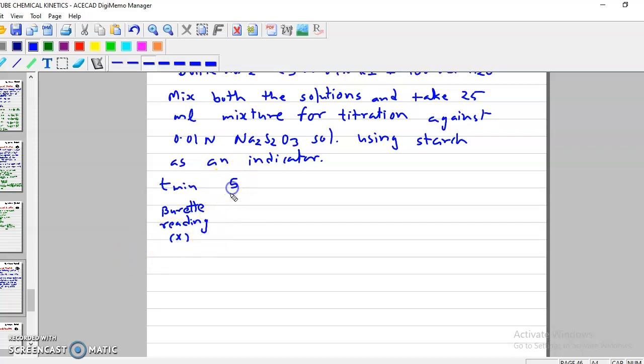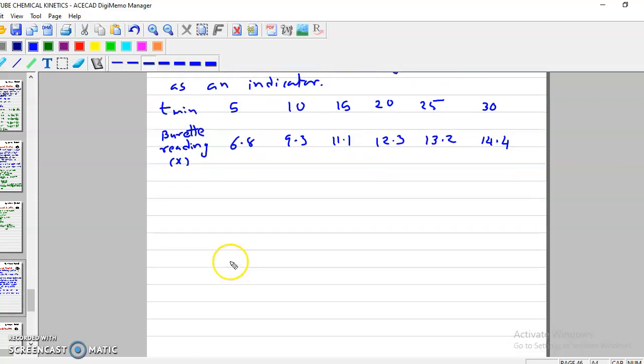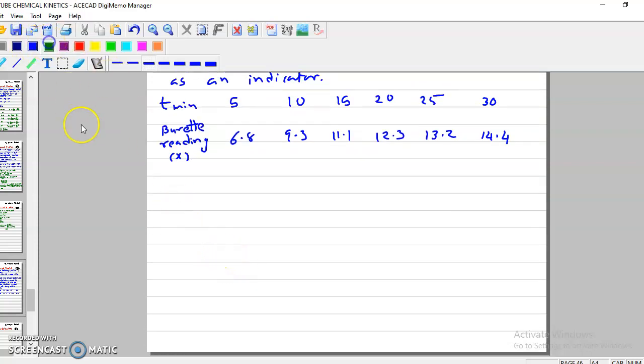So after 5 minutes the reading is 6.8, 10 minutes 9.3, after 15 minutes 11.1, after 20 minutes it is 12.3, after 25 minutes it is 13.2, and after 30 minutes it is 14.4. Okay, now we have to prove that this is of second order. Okay, now let us start.